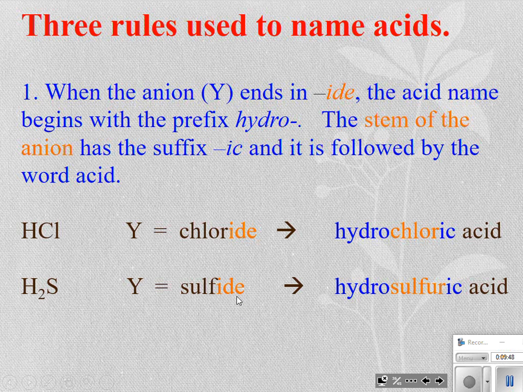For some reason, people don't think that sounds very fluent, so they put the UR back in there. So they call it hydrosulfuric acid. Just something you have to memorize to put that UR back in there with sulfur.